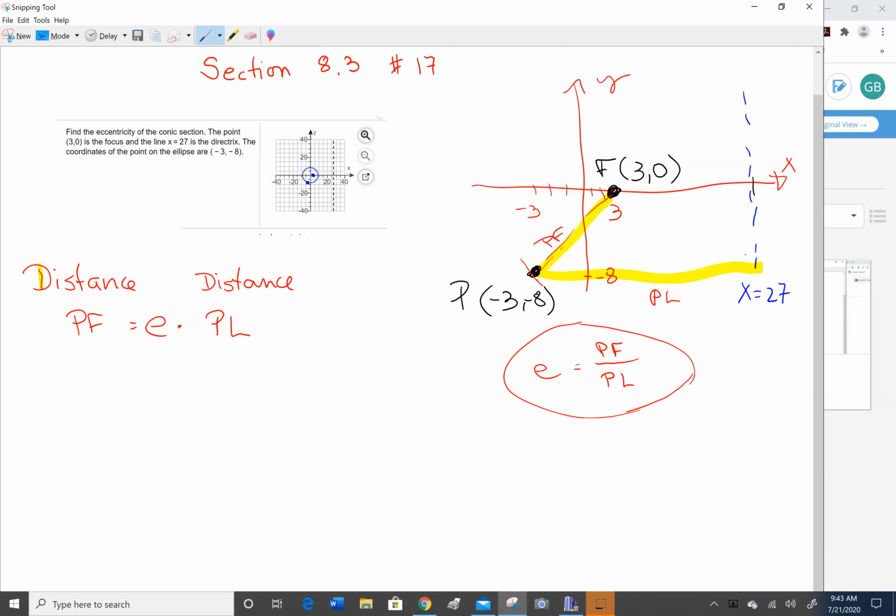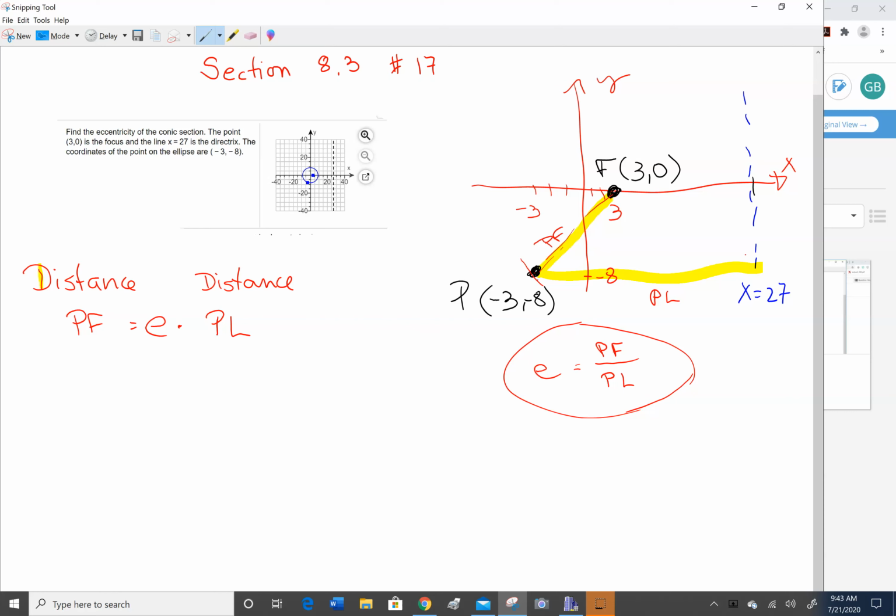For an ellipse, it is between 0 and 1. So the closer you are to 0, the rounder your ellipse is.